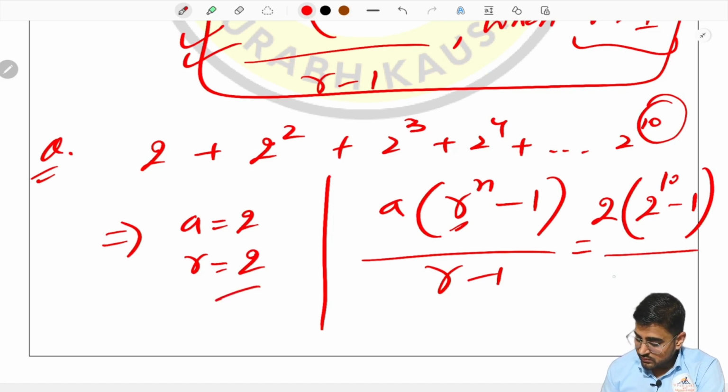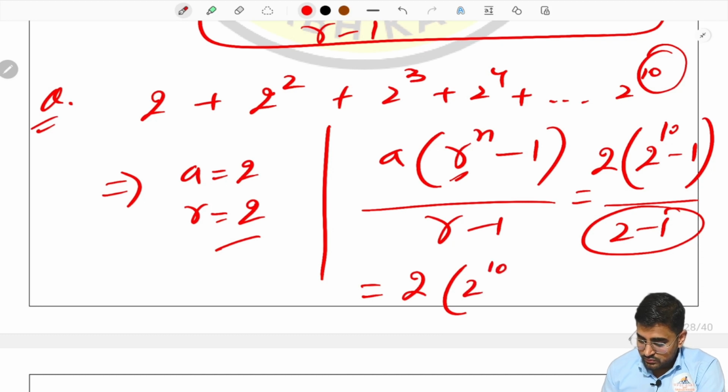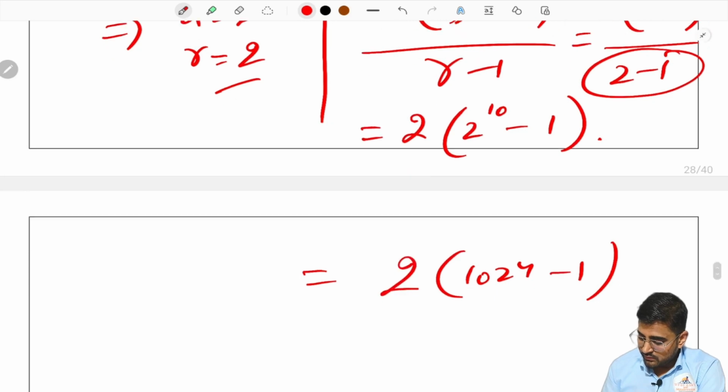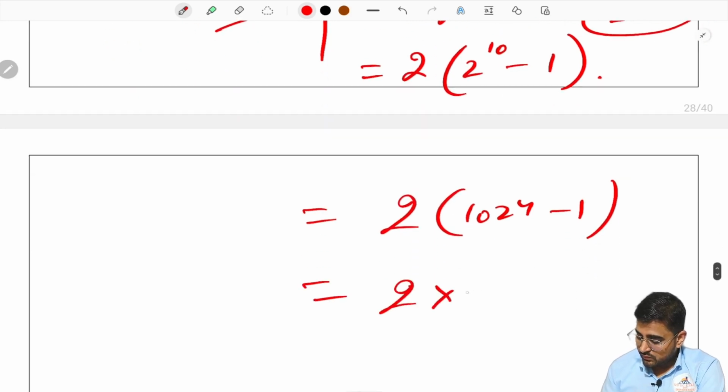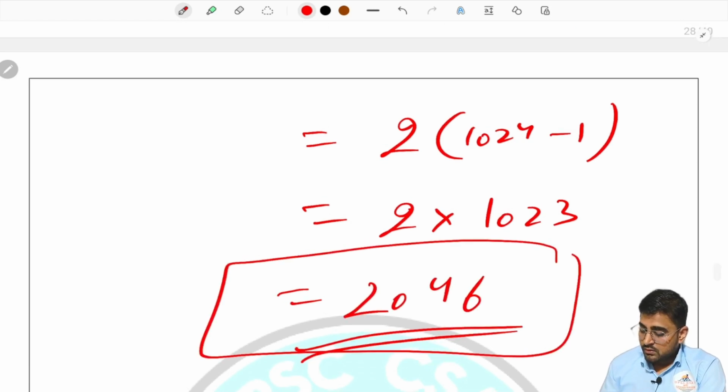R is 2, and n is 10. So 2 into 2 to the power 10 minus 1, divided by 2 minus 1. The denominator becomes 1, so no need to write it. As we know, 2 to the power 10 is 1024, minus 1 is 1023, and 2 into 1023 becomes 2046. This is the answer.